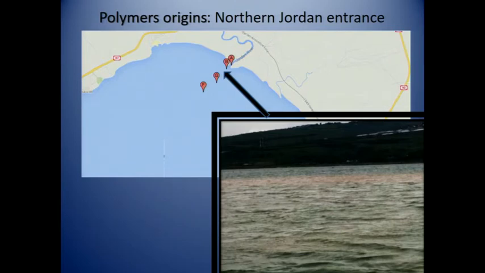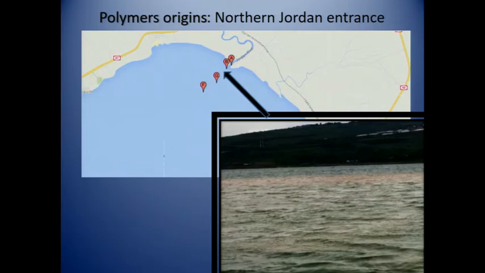On a rainy day, or after a rainy day, you could see some kind of stretch of brown streamline of clay. That just says there is a good flush of water from the northern Jordan entrance, the Jordan mouth, into the lake.